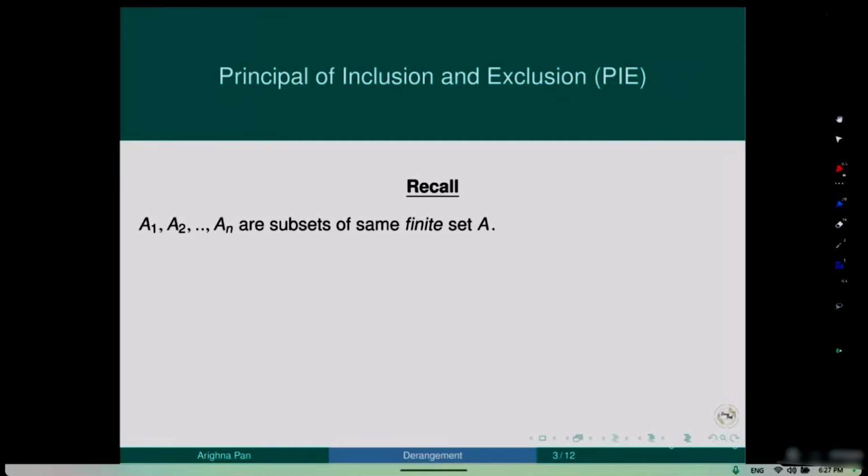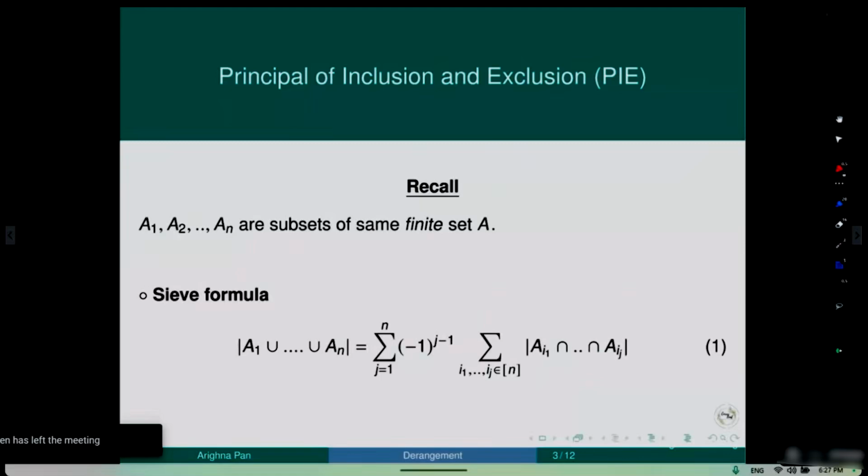So first recall what the principle of inclusion and exclusion is. If A1, A2, up to An are subsets of some finite set A, then by the formula we can say the cardinality of A1 union up to union An is of this form.